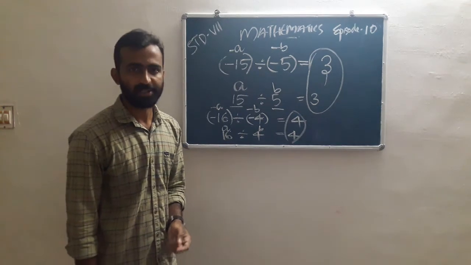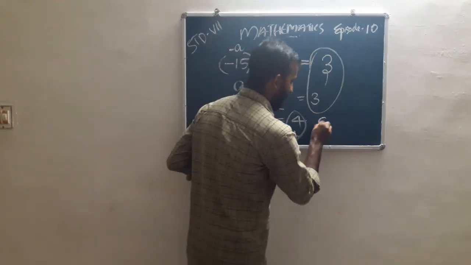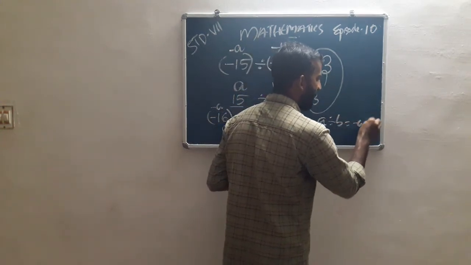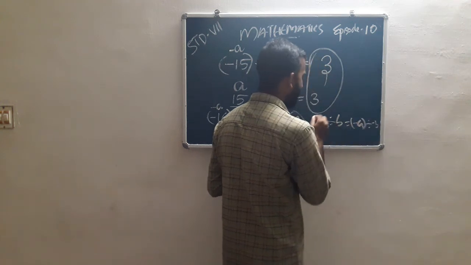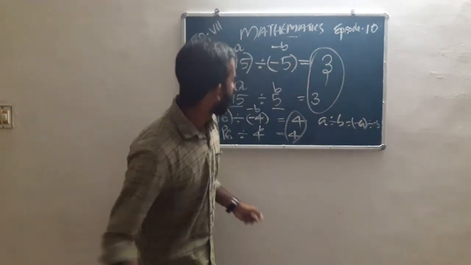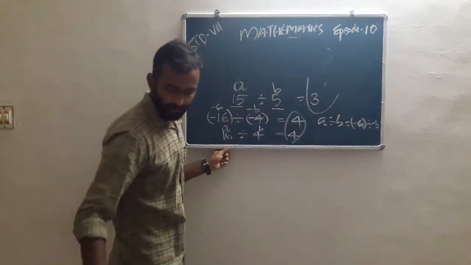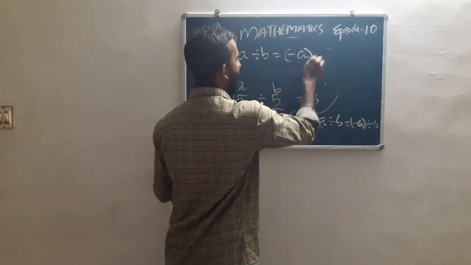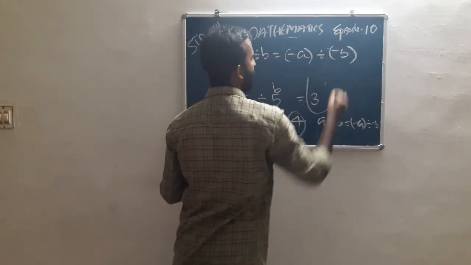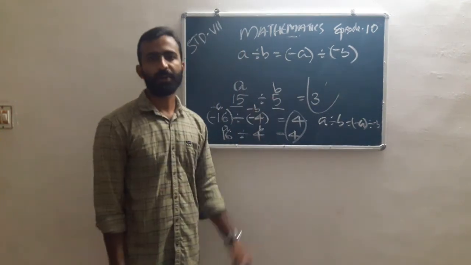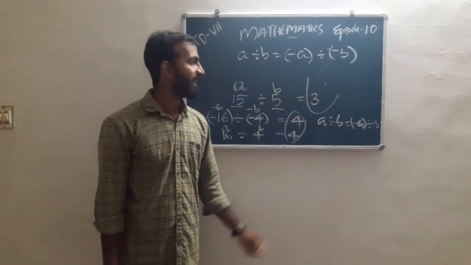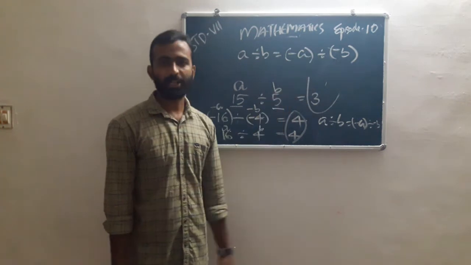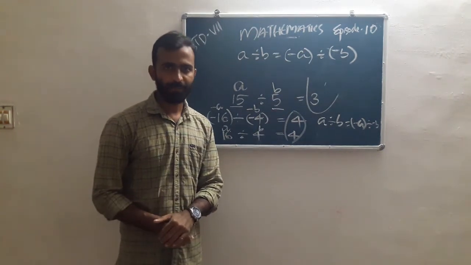So A divided by B equals negative A divided by negative B. This is the next property.